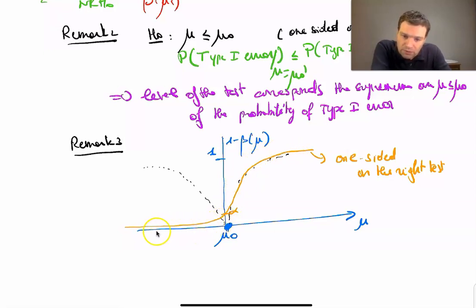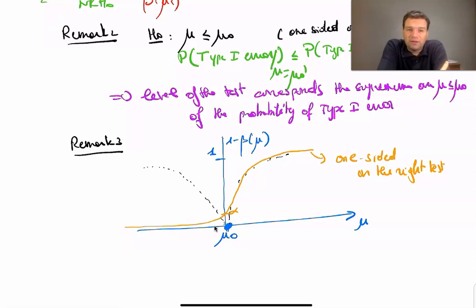But when we are here in values of mu that are smaller than mu naught, that means we are not, in fact, under the alternative hypothesis. We are under the null.